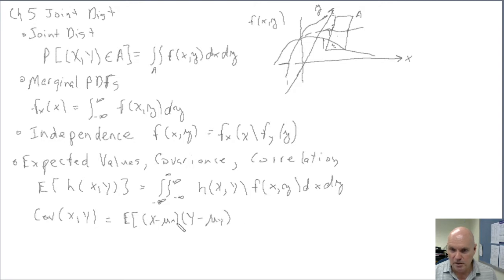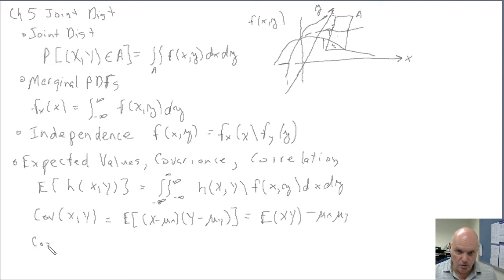So that's mu of x, and this is mu of y. We can write this in slightly simpler form. It's equal to the expected value of xy, and again, we can compute that expected value by just plugging in the product xy here, minus mu of x times mu of y, and these are equivalent.